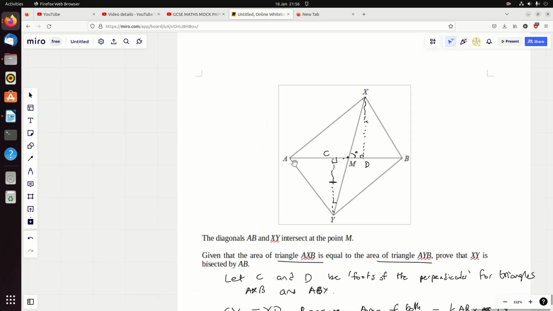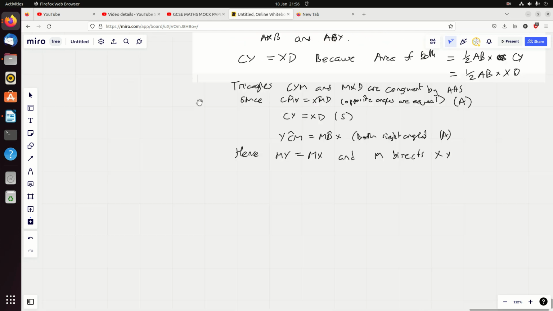So XY must be bisected by AB. It's cut in half, XM and MY cut in half. Done. Okay, hope you found that useful, and keep up the good work. Bye bye.